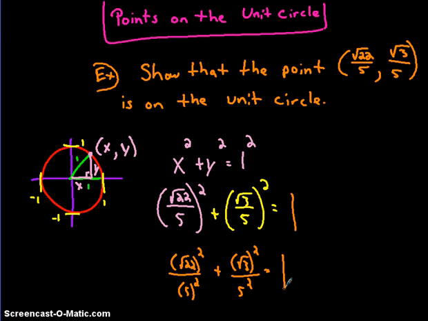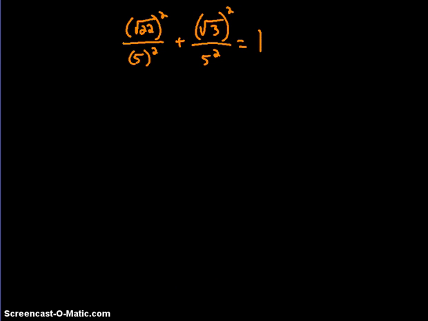When you actually square the square root of 22, you get rid of the radical that was around it. So when you square the square root of 22, it's just 22. Of course, this is going to be 25. When you square the square root of 3, it's just going to be 3. And that's going to be 25. And it's going to equal 1, because 1 squared is 1. So on top, we should wind up having 22 divided by 25 plus 3 divided by 25 equals 1.